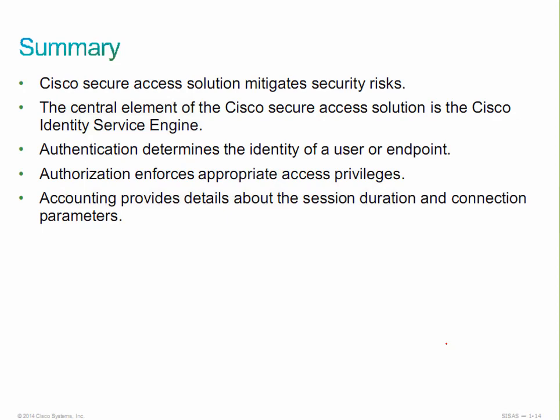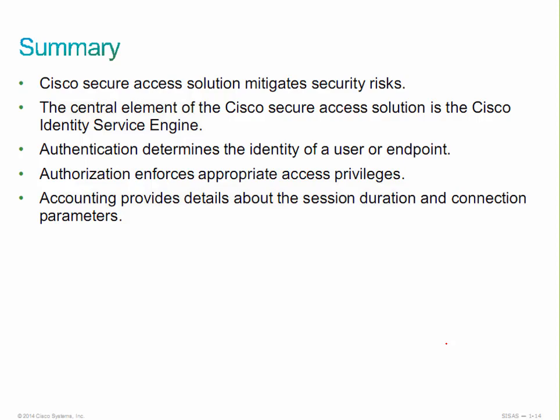In this lesson, we talked about Cisco Secure Access Solutions and how that allows us to mitigate different security risks, looking at the framework and the different components and platforms that are available. We talked about the central element of this entire architecture, the Cisco Identity Services Engine. Obviously, we're going to do a deep dive into those components a little bit later on.